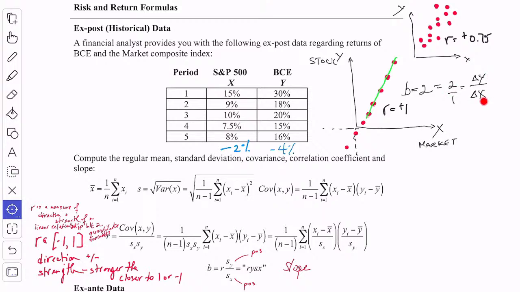So for each unit change in x, I have to go 2 in the y direction to get up.